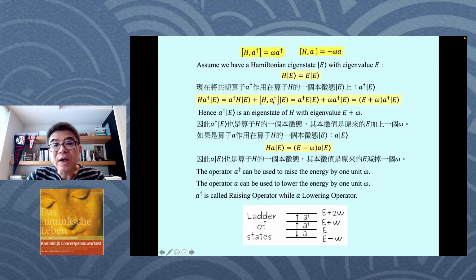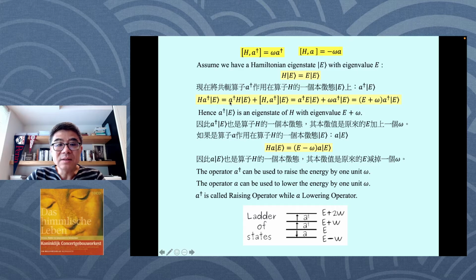However, we know the result of the commutator, right? Because it's right on the top of our page. So the commutator of H and A dagger is nothing but A dagger itself multiplied by omega. So therefore, this commutator acting on E is actually omega times A dagger acting on E. That's the quantum state we are talking about here.